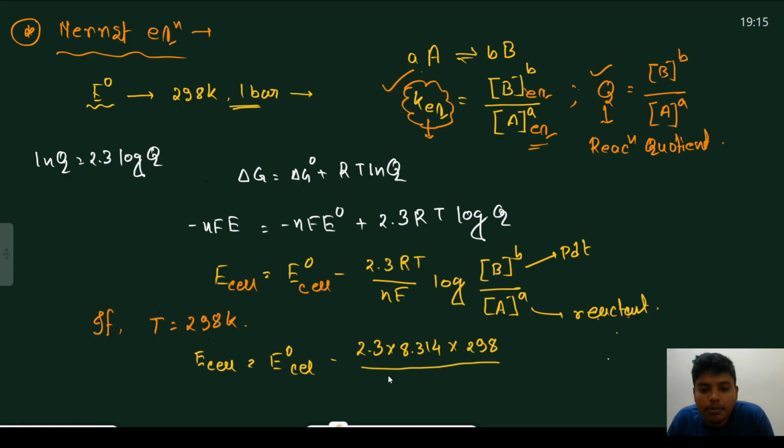N value depends on the reaction, and F value, last class I told you, is 96500. So log of concentration of B to the power B divided by concentration of A to the power A.